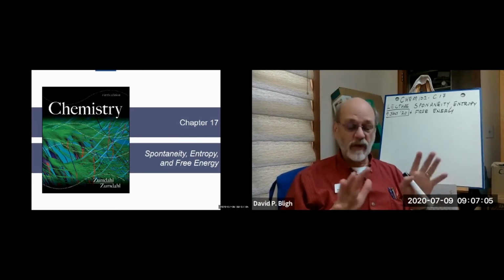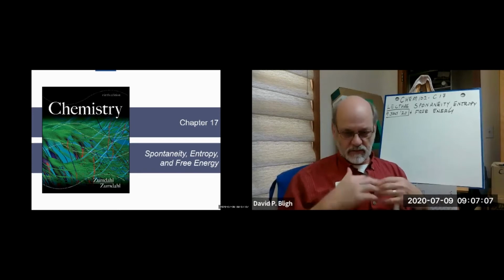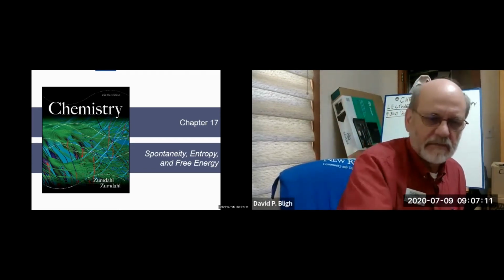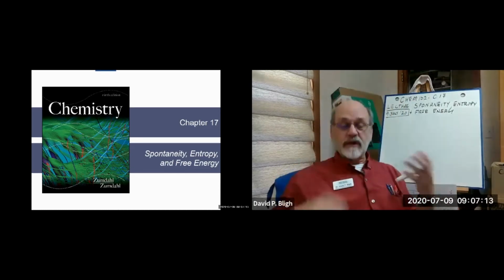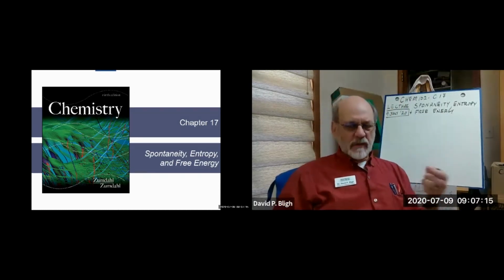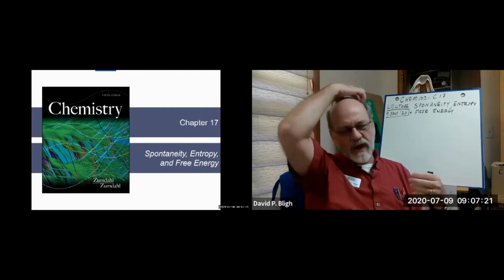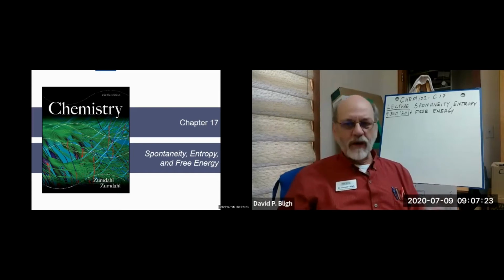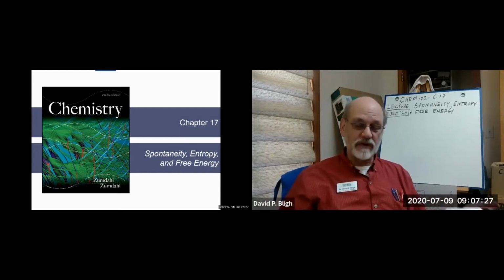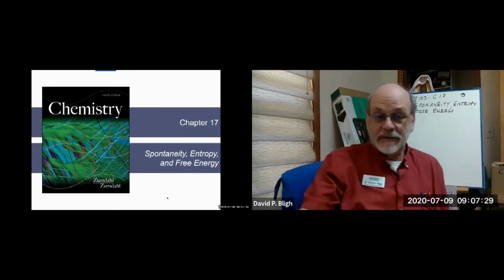Now, it did come along, of course. We try to give you as much theory as possible. But Chapter 17 is very heavily weighted toward theory. It's trying to explain why reactions occur spontaneously. And now, of course, I've got to define what that means.